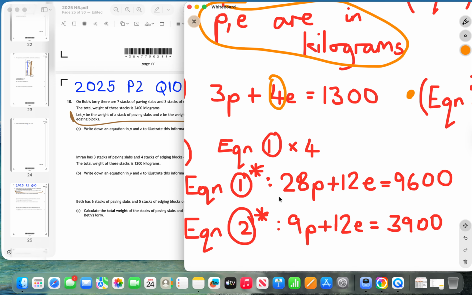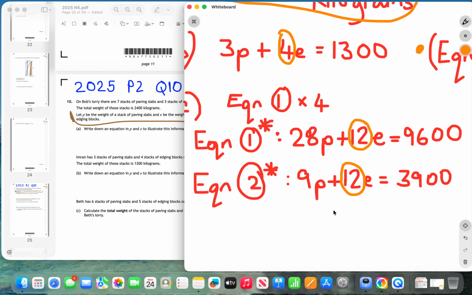Now, we said we had to get the same number in front of one term. It can either be the P or the E. The numbers in front of the P do not match up, but the numbers in front of the E do match up, 12 and 12. So we've succeeded in the first thing we have to do.